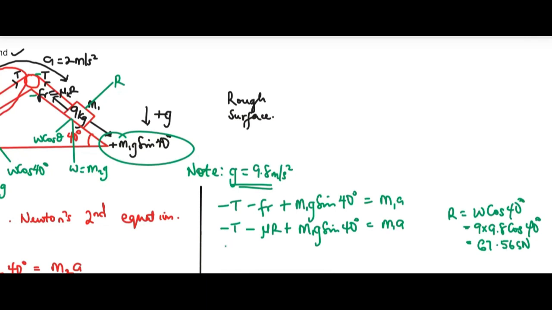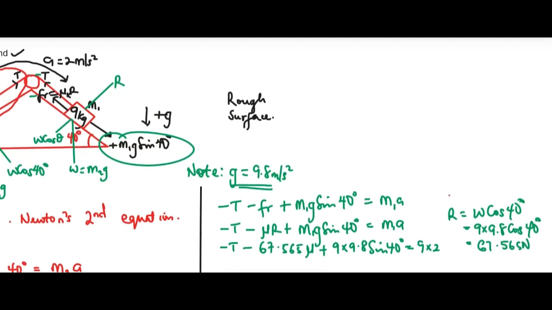Hence, we have minus T minus 67.565 mu on substitution, plus 9 times 9.8 sine 40 degrees equals 9 times 2, being the acceleration of the body.